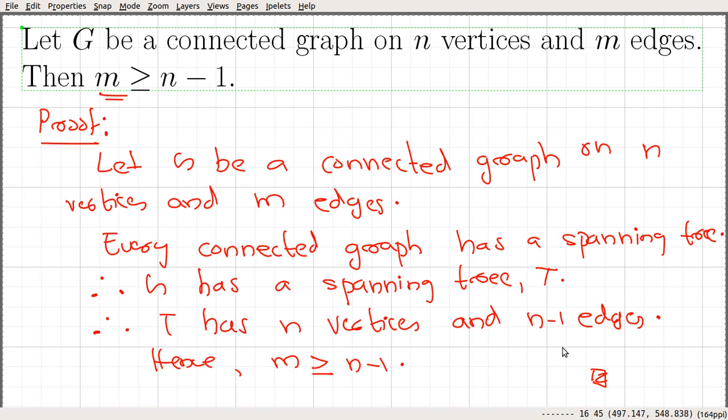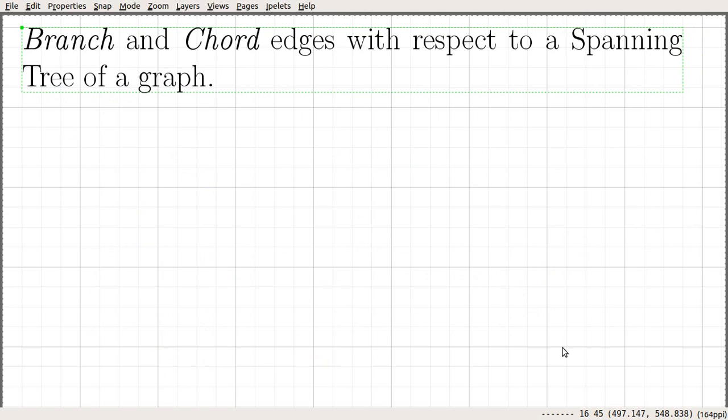So let's look into some more terms related to spanning trees. The branch and chord edges with respect to a spanning tree. A graph could have many spanning trees, and the branch and chord edges are defined with respect to a spanning tree.